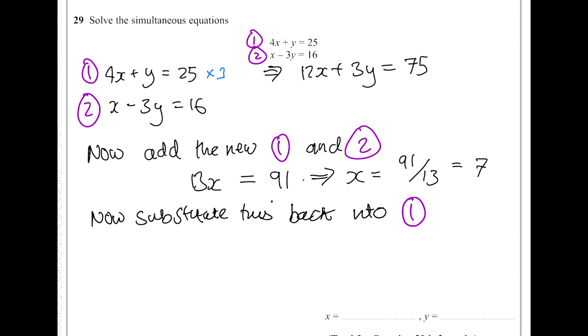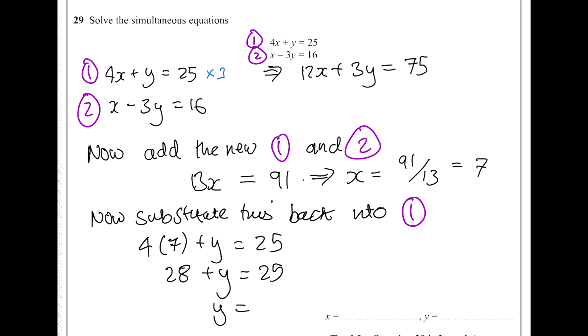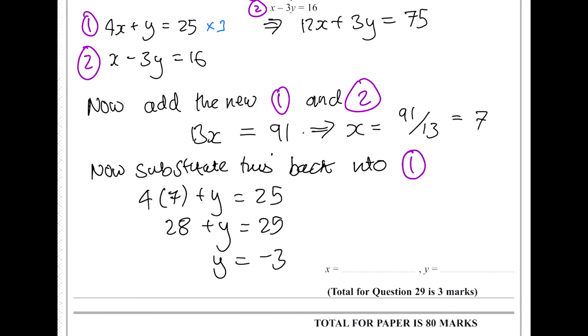So we get 4 times 7 plus y equals 25. That means you have 28 plus y is equal to 25. And then, of course, y would be equal to minus 3 by moving the 28 over and making it minus. So then we have x equals 7, y equals minus 3 as our answers.